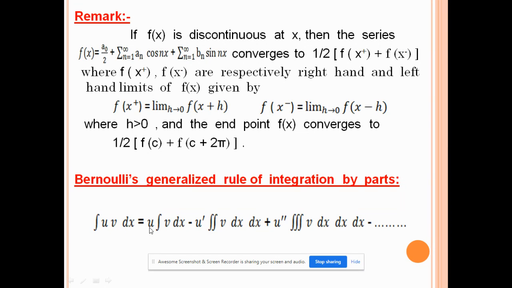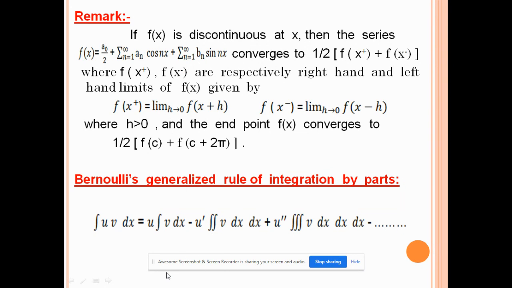Then it is equal to keep the differentiating part as it is and integrate v dx, minus, then differentiate u to get u dash and again integrate the integral of v dx, therefore the double integration of v dx, plus again the differentiation u double dash, then again integration of v dx thrice, minus, and so on.